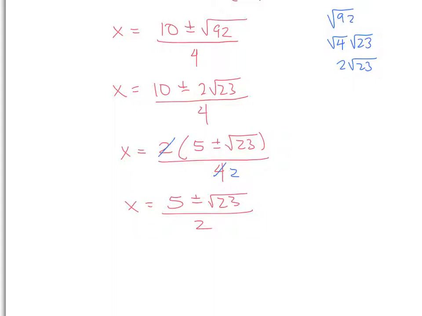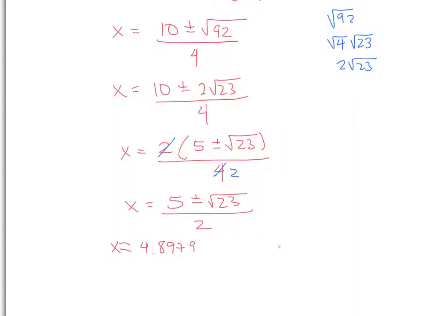So again, if you want the decimal value of this, all you got to do is take out your calculator and plug in these values, and what you're going to end up getting on one side, so let's say the positive side. So when I say the positive side, I mean the 5 plus square root of 23. So you're going to plug that in your calculator. This is approximately equal, sorry, I'm using the other symbol. This is approximately equal to 4.8979.